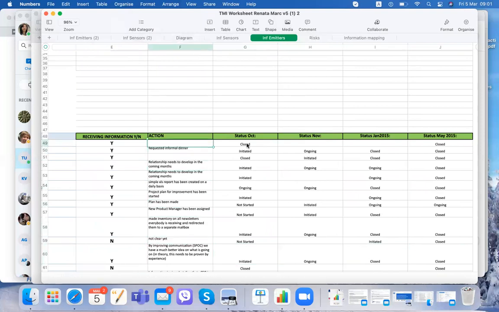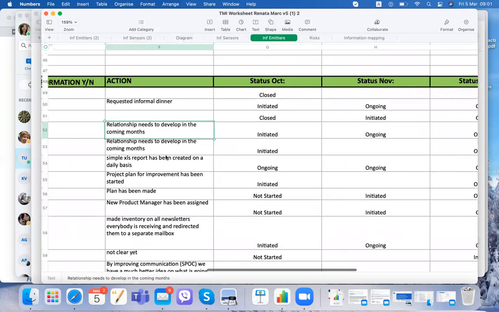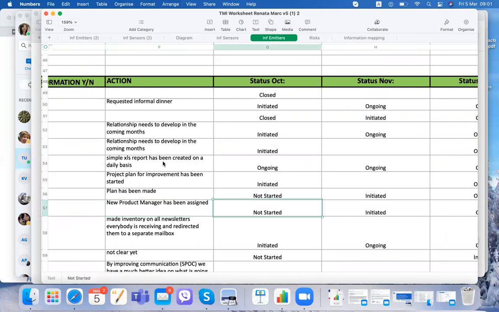What do I want to do? Request an informal dinner as a manager, or develop a relationship in the coming months, or a simple report sketched somewhere on a daily basis to follow something, or making a plan, or assigning a new product manager.